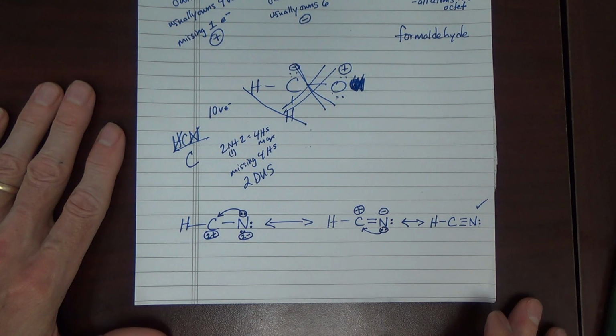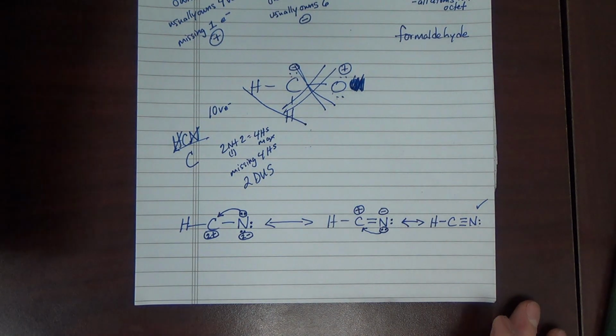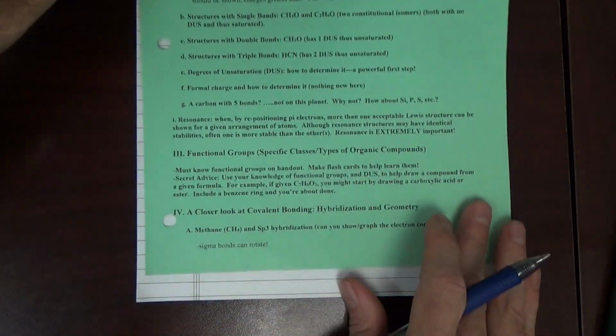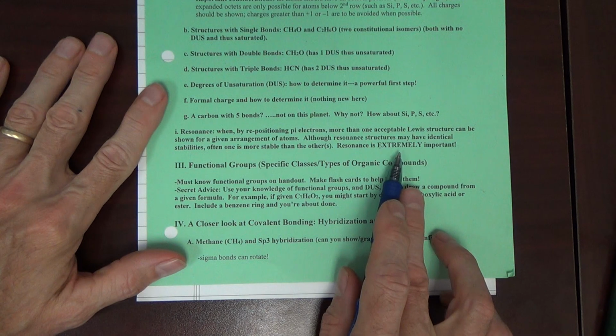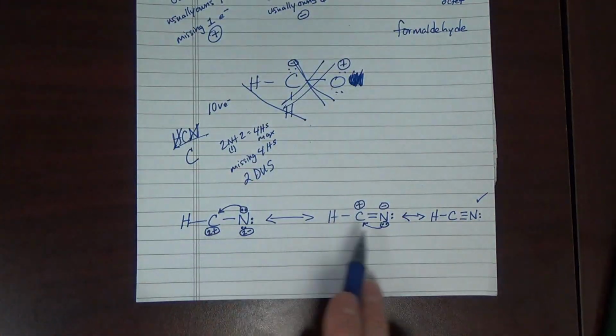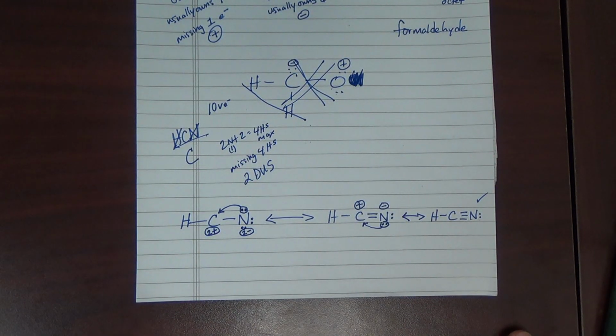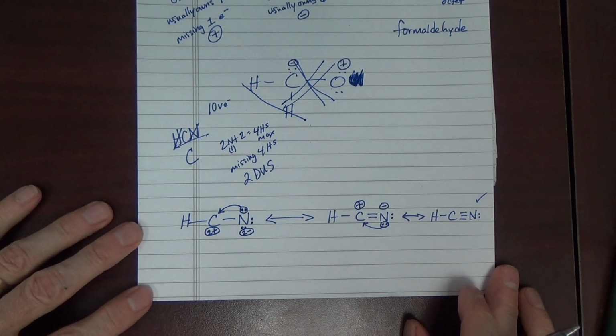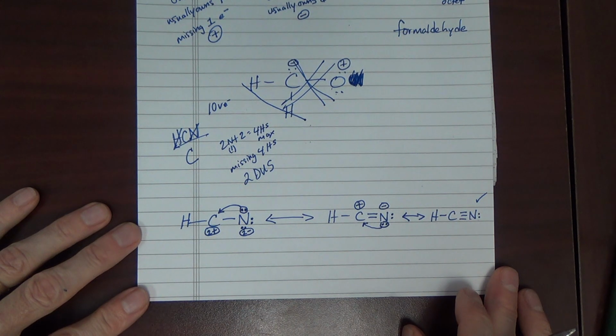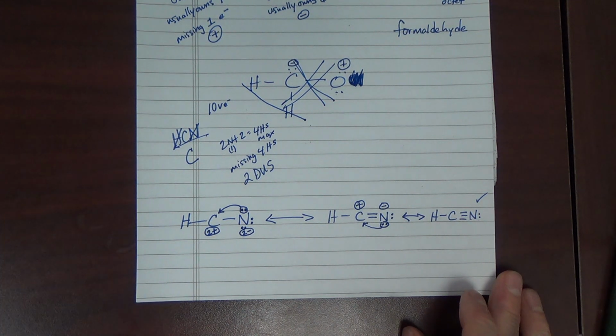Okay, we may need to end here soon. Resonance. The definition of resonance is shown. All right, please read the definition of resonance. We've been showing resonance here. I'm going to end this video here at this point.